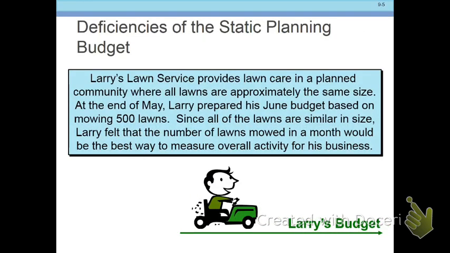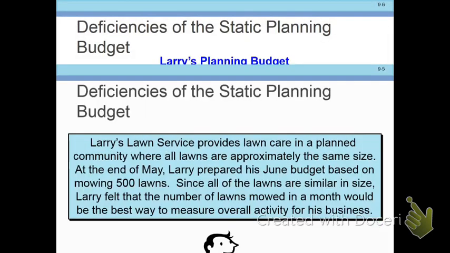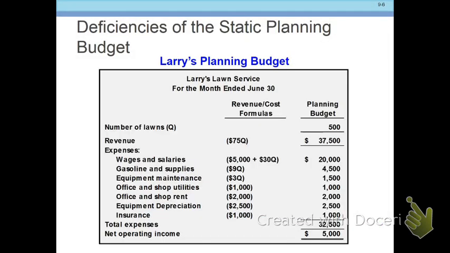So we're going to take a look using a lawn service. Larry's got this lawn service. He mows 500 lawns, and they're all very similar. This is his planning budget, the budget he did at the beginning of the year, much like we saw in the last chapter. A couple of quick notes here.